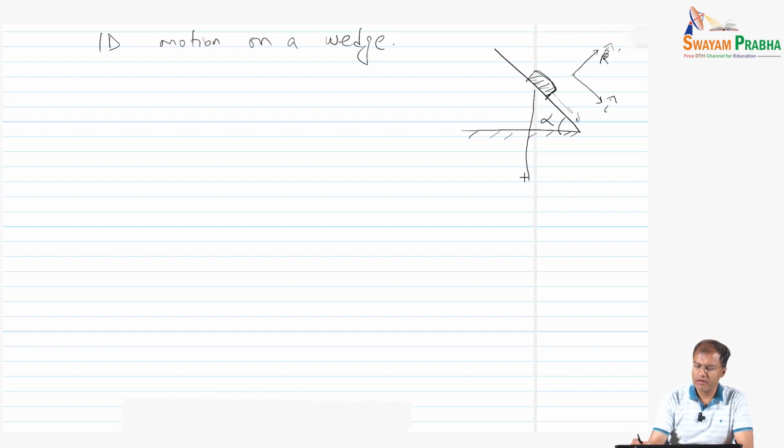So the particle is experiencing a weight which is minus mg, but this minus mg is not acting in any of these directions i and k. So we have to resolve this weight along the directions i and k, right? Similarly, if the particle also experiences friction, the friction is a type of resistance, and this is going to act along a direction which is opposite to the motion of the particle, right?